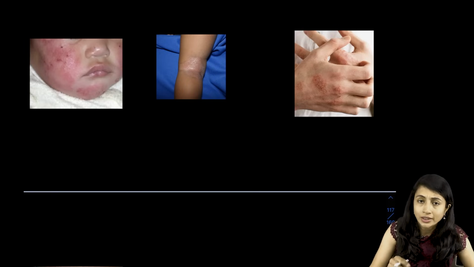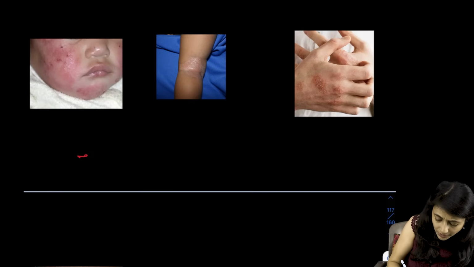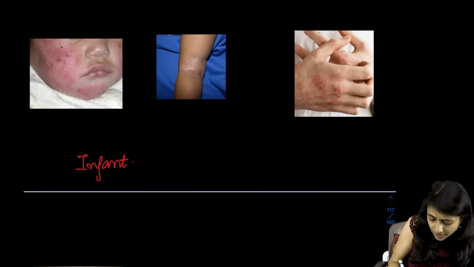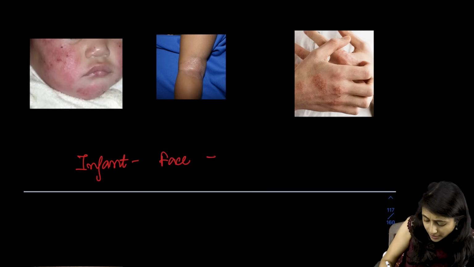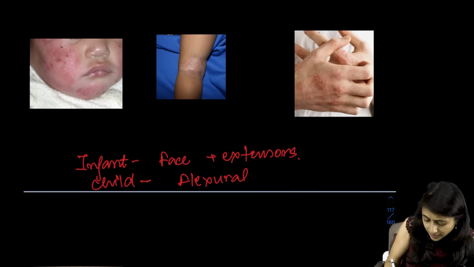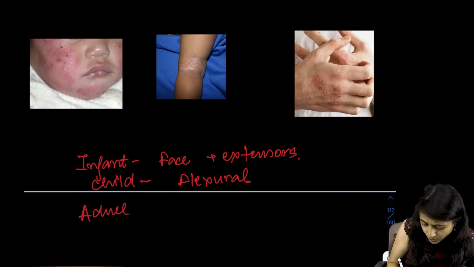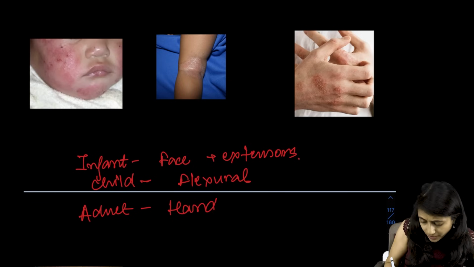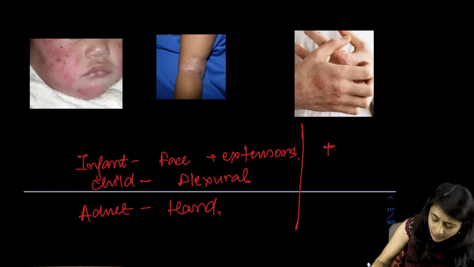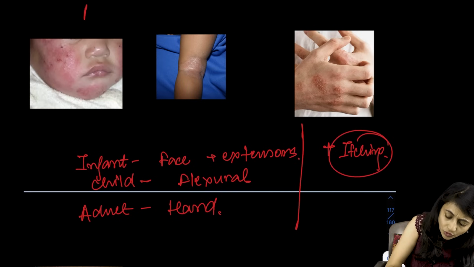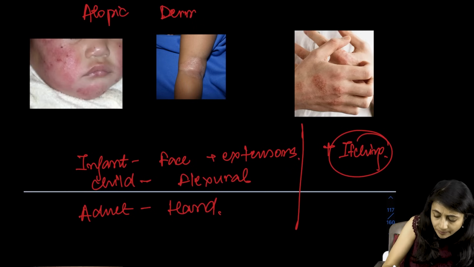If it is an infant, you would see face and extensor involvement. If it is a child, you would typically see flexure involvement, and if it is an adult, you would see hand involvement. This is associated with itching. Itching is a constant feature. You know you are dealing with atopic dermatitis.